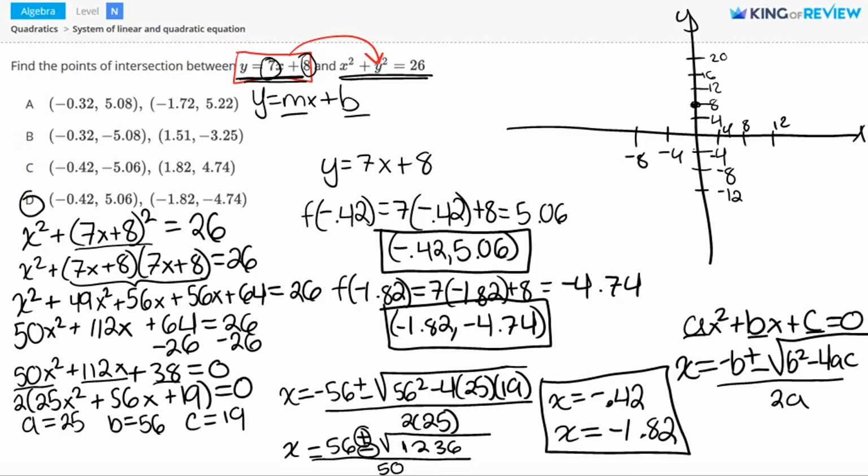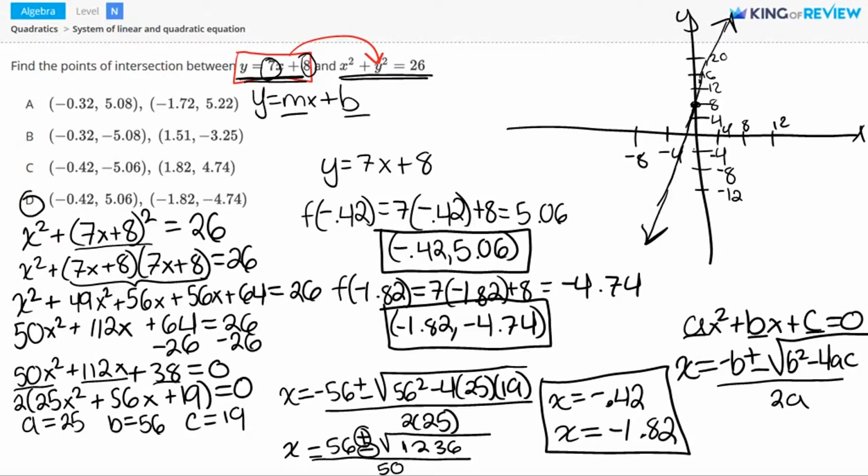The m value is 7, so 7 is our slope. This means up 7 and over 1. So I have a point right here. So now you can use these 2 points to draw a line. So we have our line here.